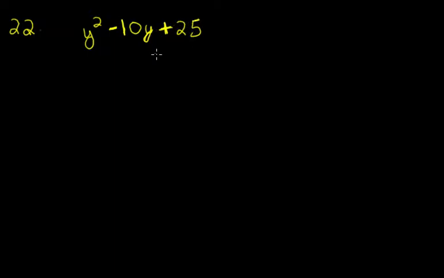All right, so my pattern says that if this is coming from a perfect square, this is going to be twice what a and b are. Well, how can I check? I'm going to check to see if this is a perfect square. So a squared would be y squared, so plain old a is y.